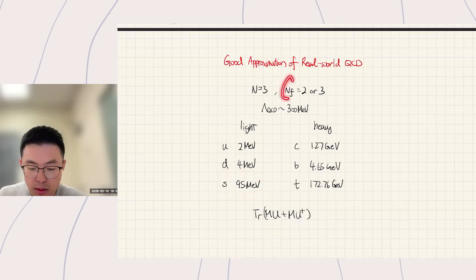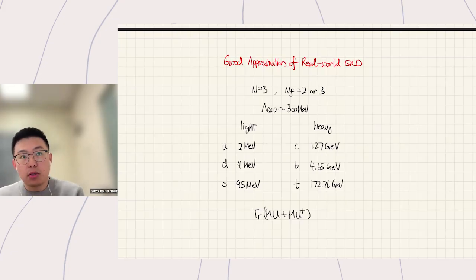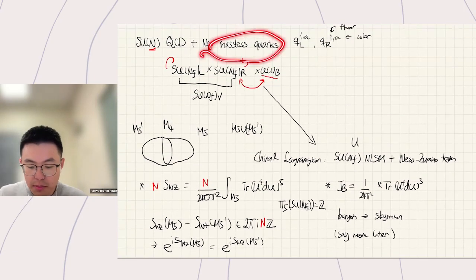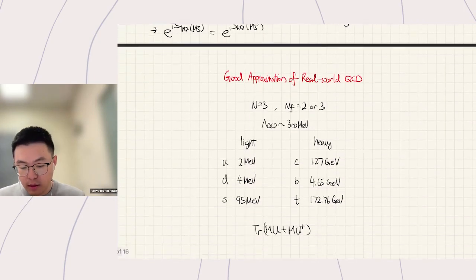So in that case, we can make NF equal to 3. But importantly, for the heavy quarks, because they're much, much heavier than Lambda QCD, if we want to treat them in chiral Lagrangians, they don't appear as massless quarks. Okay. So they, in fact, should be treated as some kind of Wilson lines.